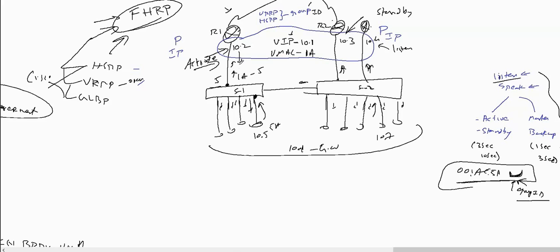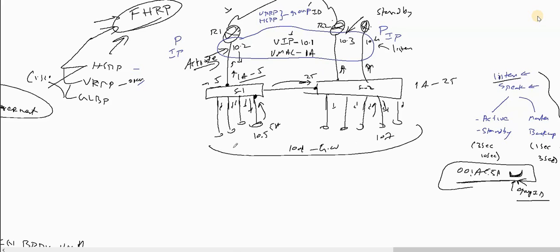When the response comes, I already know 1A is connected to port number 5, and I send the frame in that direction. Now switch 2 will learn that 1A is connected to port 25, for example, and switch 2 will send the response back to 10.7.